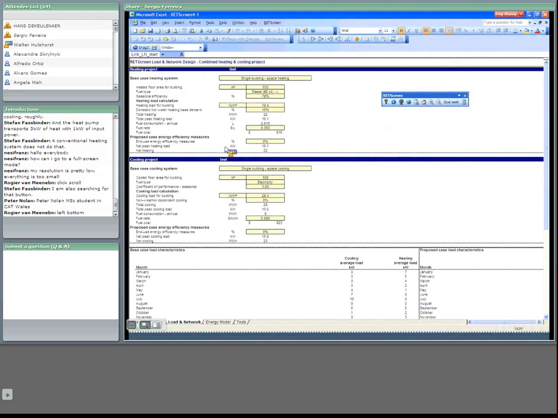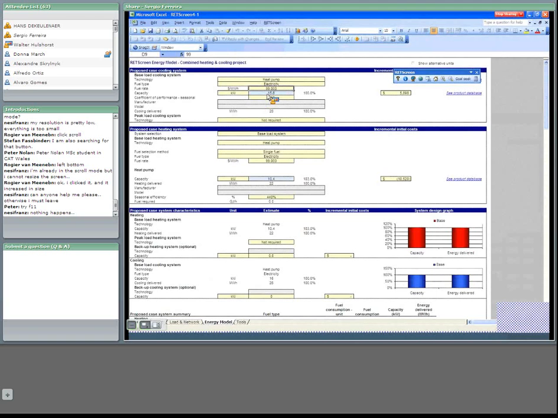Like Walter said before, you may not be able to reach your cooling needs with a certain capacity for your heat pump. So you'll need an alternative system to answer your peak load. A good thing about the RETScreen software is that you're able to calculate the rating, the capacity of your heat pump to answer that need.